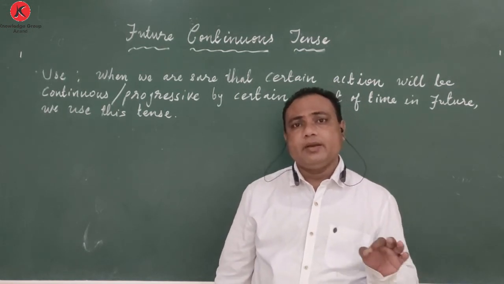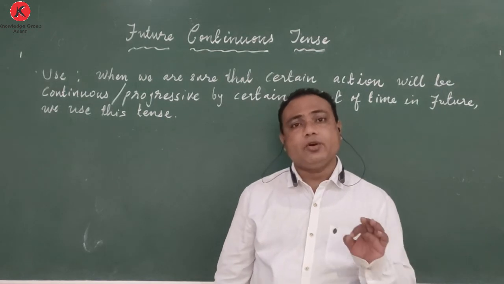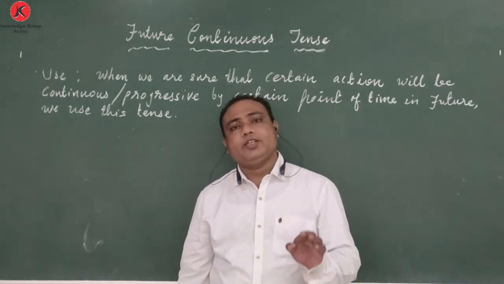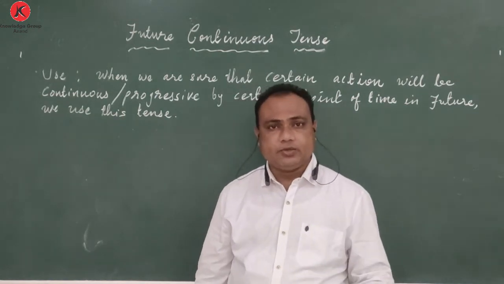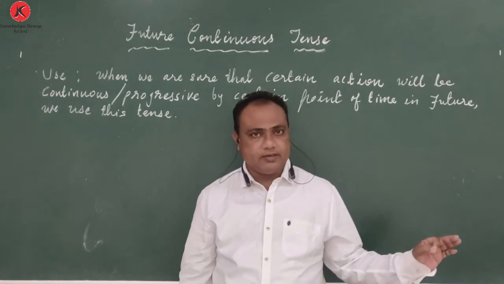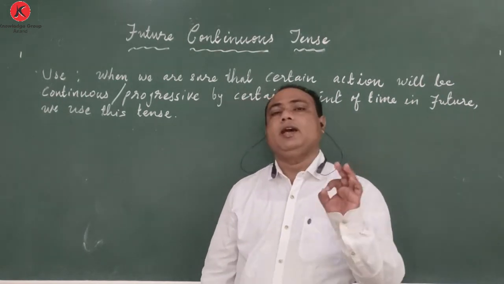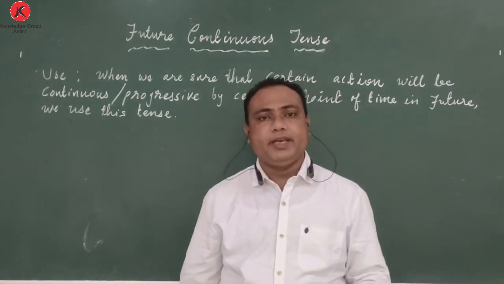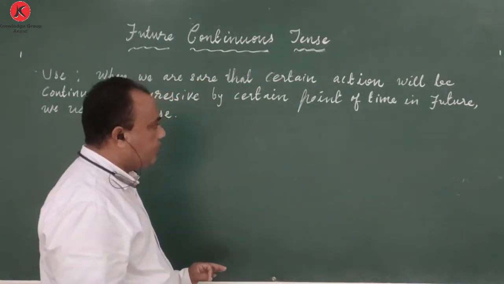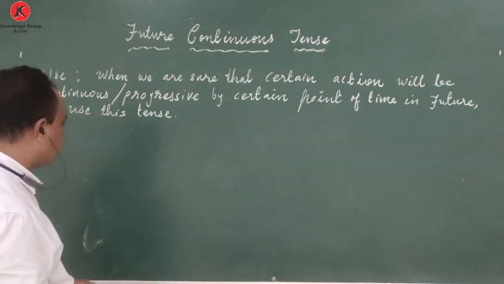So you can tell your friends or someone with utmost surety that today at 8 o'clock I will be having my dinner. Today at 8 o'clock I will be having my dinner. So this way you can use future continuous tense.